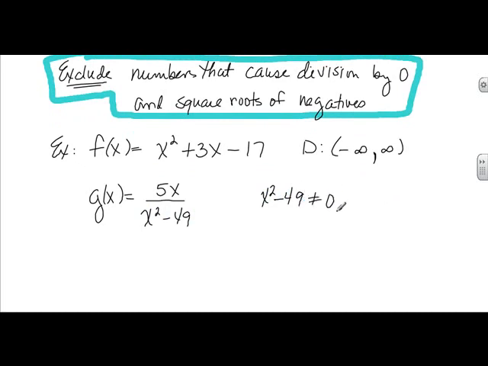Then I would have division by 0, and that's bad. Well, x squared minus 49, you can factor that as a difference of two squares, x plus 7, x minus 7. And then you can think that x plus 7 should never be allowed to be equal to 0. X minus 7 should never be allowed to be equal to 0.